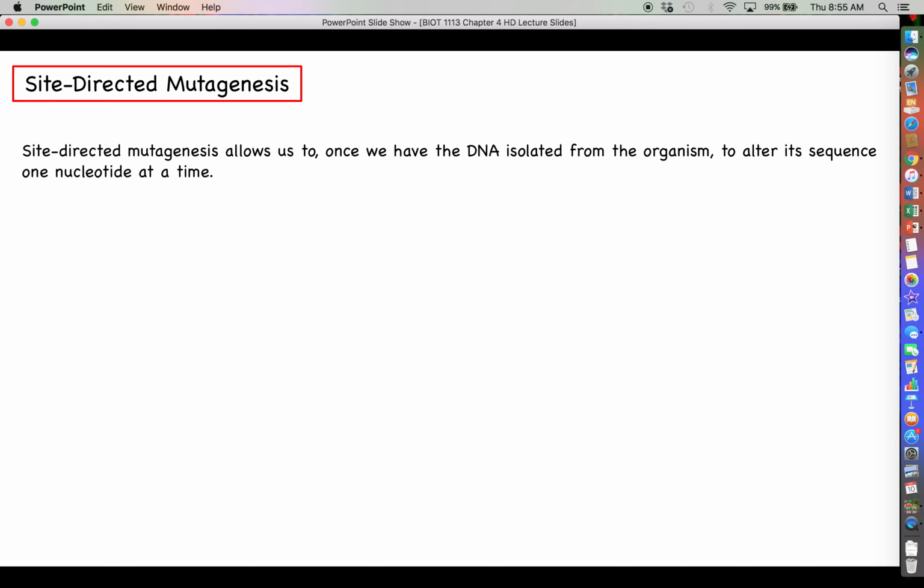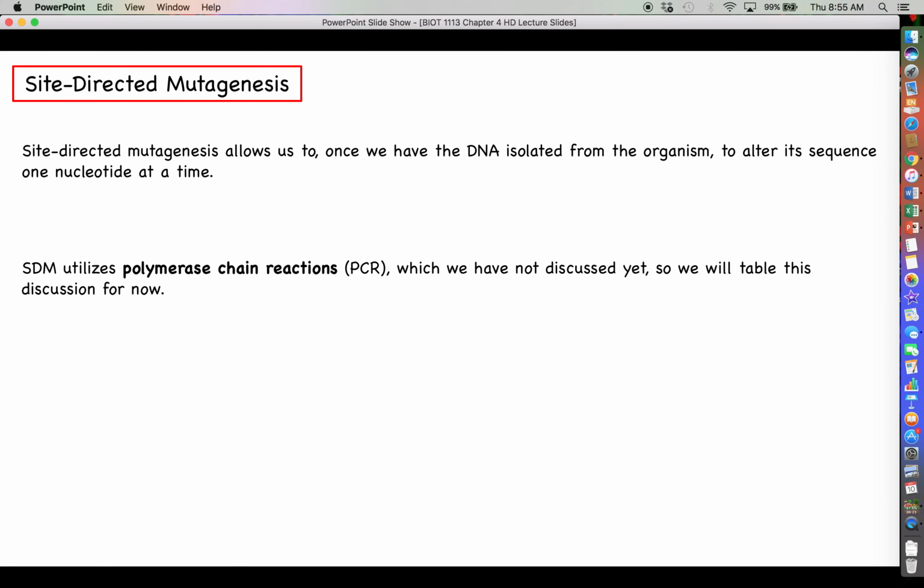So site-directed mutagenesis allows us to, once we have our DNA isolated from whatever organism it came from, alter its sequence one nucleotide at a time. But in order to do this, we need to use a technique called polymerase chain reaction, which we mentioned. The guy who invented PCR was Kary Mullis, but we haven't really discussed how that works exactly yet.